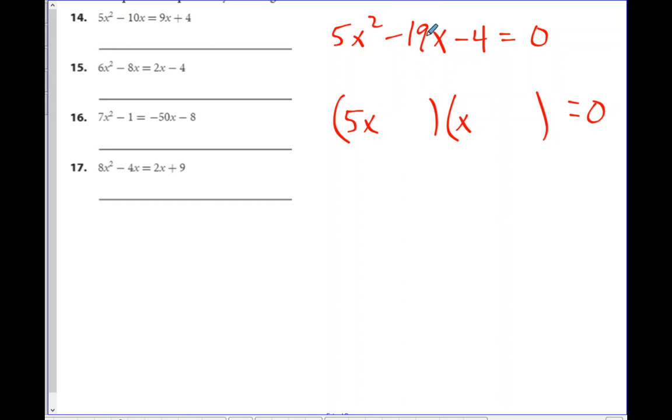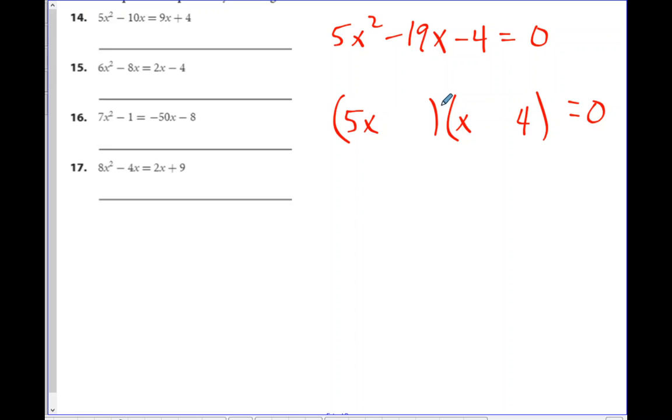And since this is a pretty large number, what are you thinking about using for your factors of negative 4, Fatima? Plus 1, minus 4. Yeah, if you do 1 and 4, where can that 4 go? That 4 probably needs to go with the 5, right, to make 20?